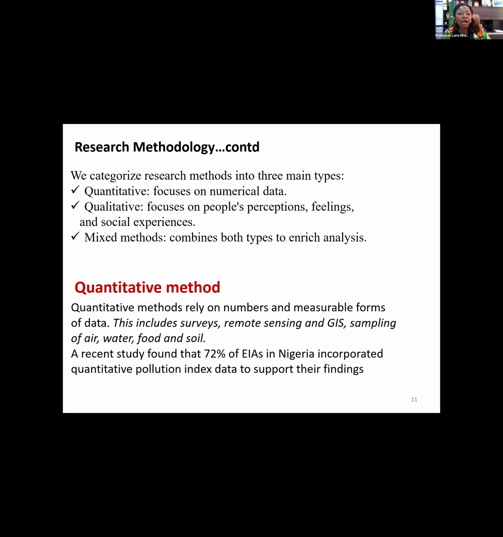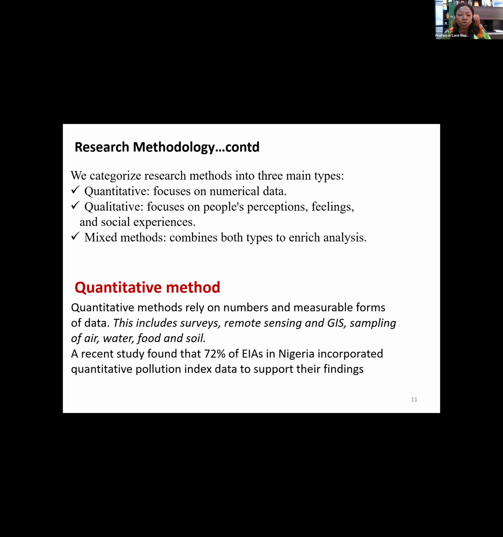Now, the quantitative method relies on numbers and measurable forms of data, using these methods we've listed here: surveys, remote sensing, GIS, sampling of air, water, food, soil, everything. And then going to the lab. Laboratory work generates quantitative data.